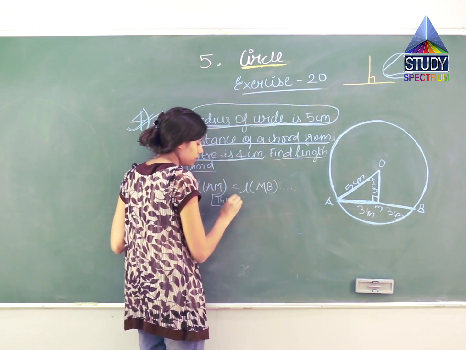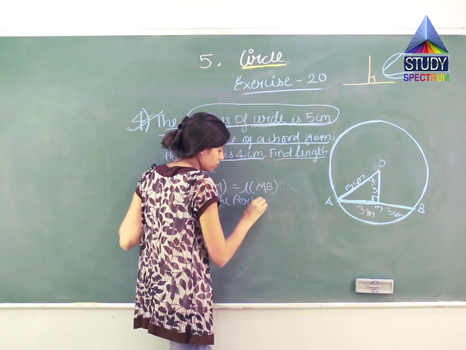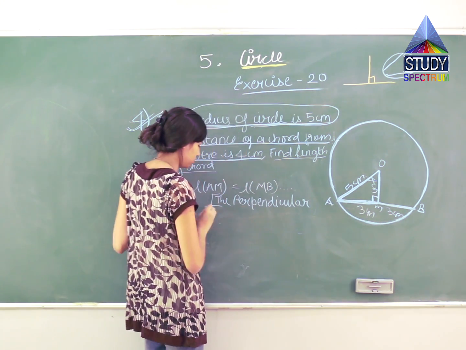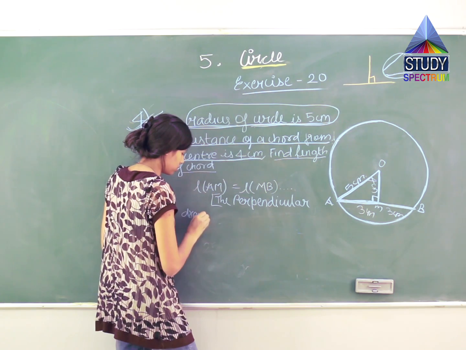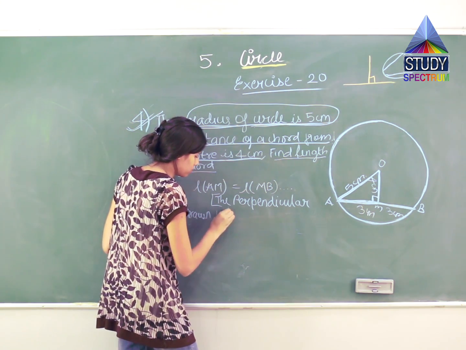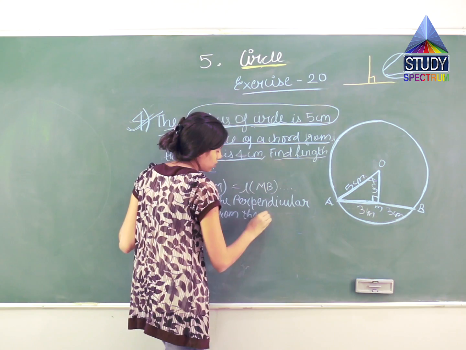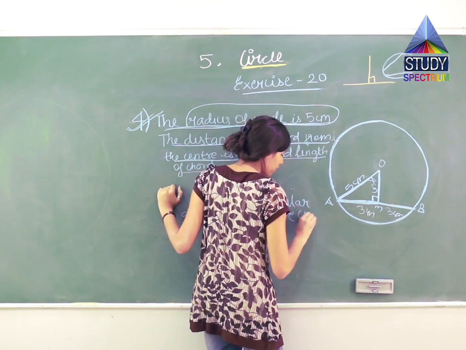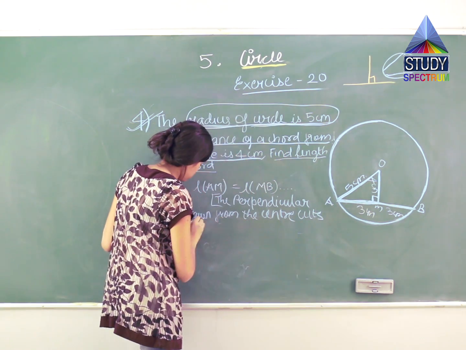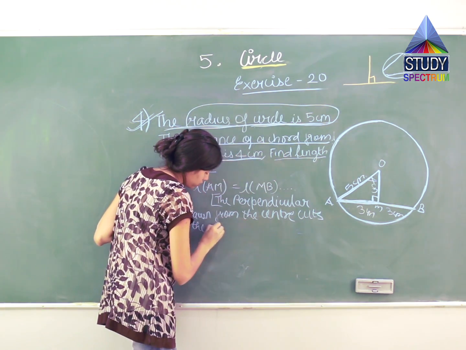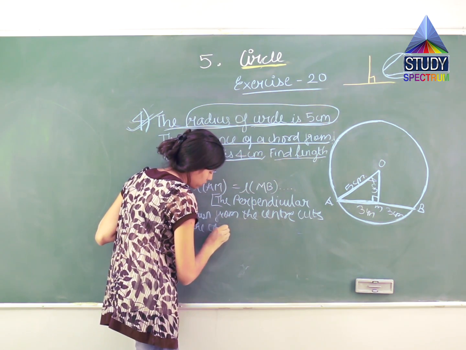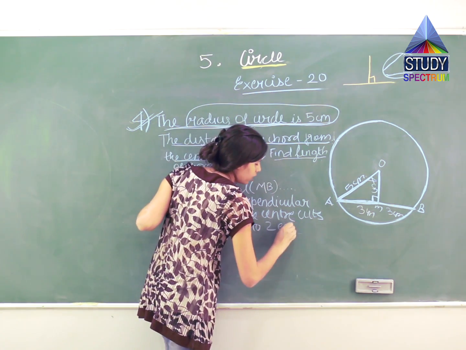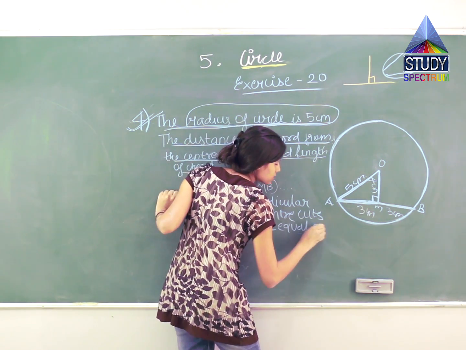The perpendicular drawn from the center cuts the chord into two equal parts.